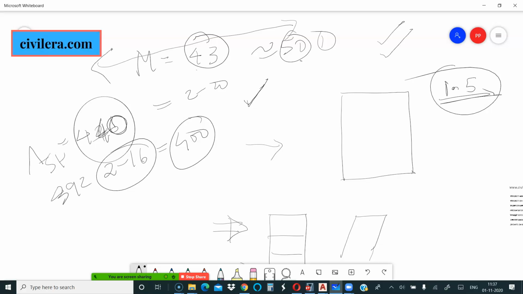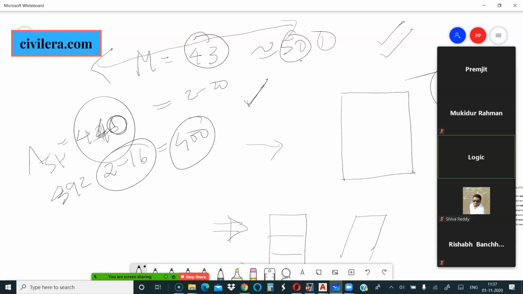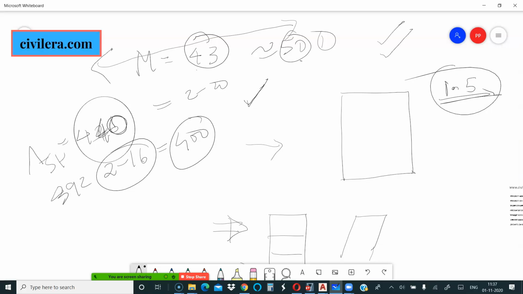Sometimes somebody might come saying that this is a reading room and it might end up as a library. The loads are different. Sometimes somebody might say this is a library and it will end up as a reading room. So the load requirement for a reading room and a library is very different.